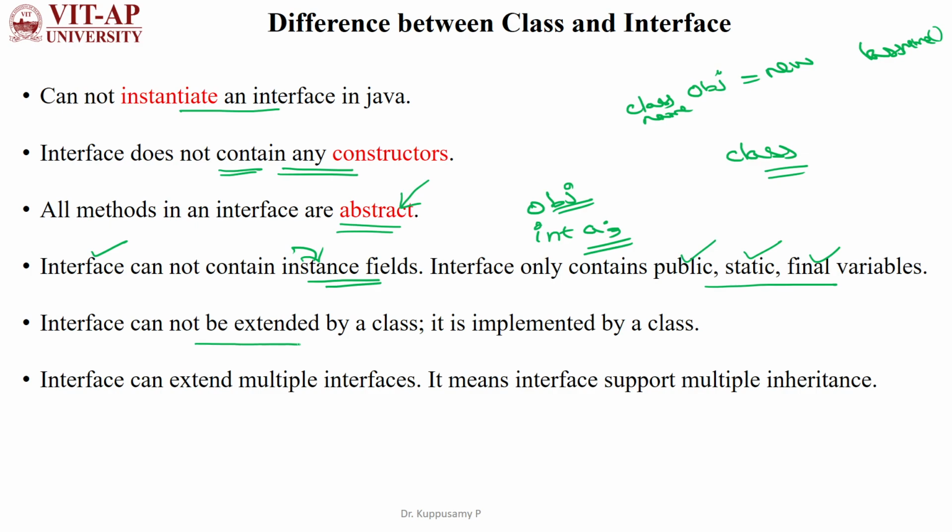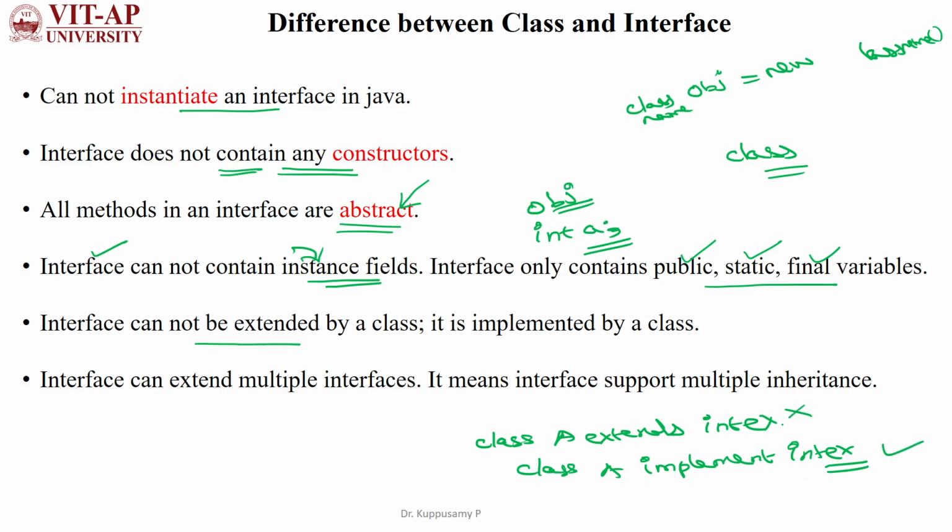An interface cannot be extended by a class. That's what I told you. A class cannot extend the interface. Okay, this is not allowed, right? So a class can implement the interface. So this is allowed. Here intex is the interface name, so this is allowed, and this is not allowed. And an interface can extend multiple interfaces. That's what we have seen already.